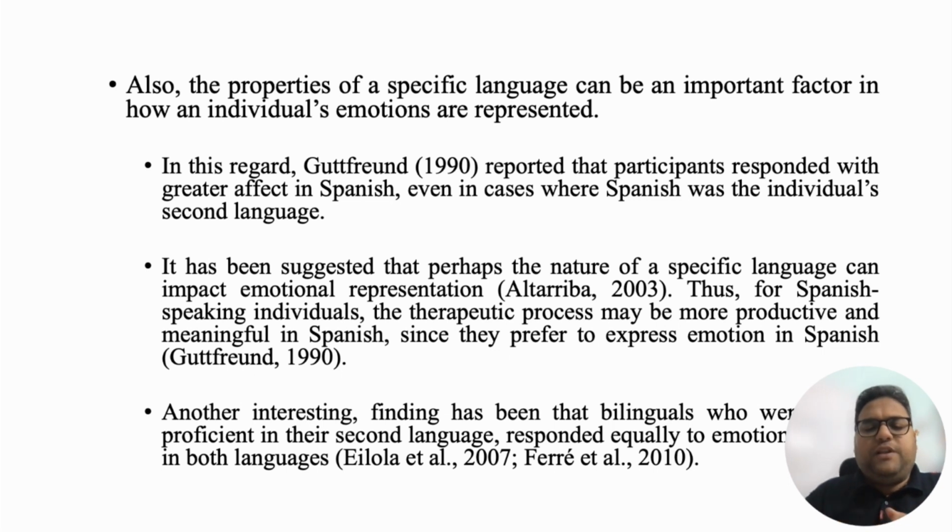And it is the properties of that specific language that help you encode your deepest feelings in a very particular, unique manner that maybe is not allowed, or maybe will be differently allowed, in a second or a third language.